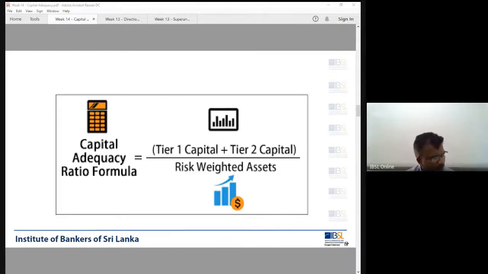Next one, what is the specific importance of financial institutions offering pension funds to the public in Sri Lanka?